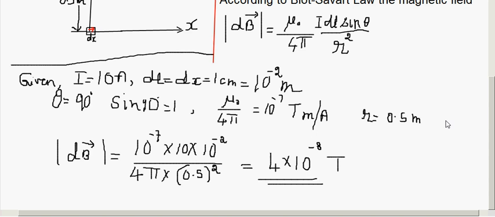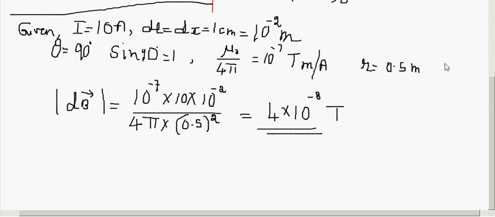Now the direction is actually perpendicular to the plane containing dl and r. In this case the direction will be along the z-axis. That also you can easily find using the cross product dl cross r.